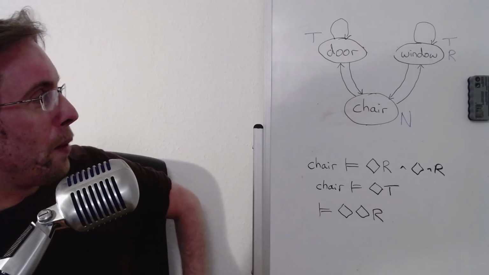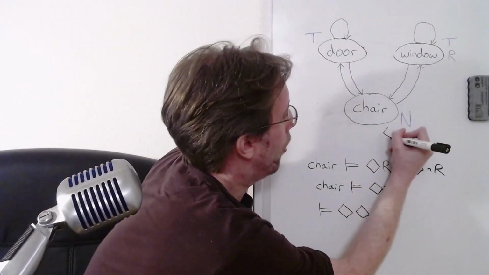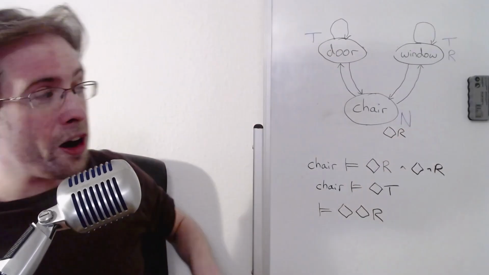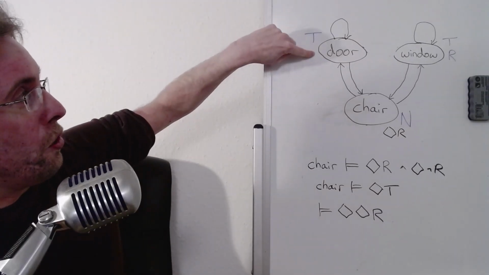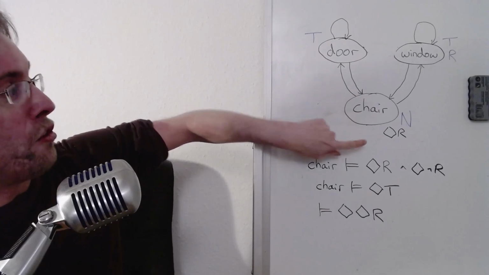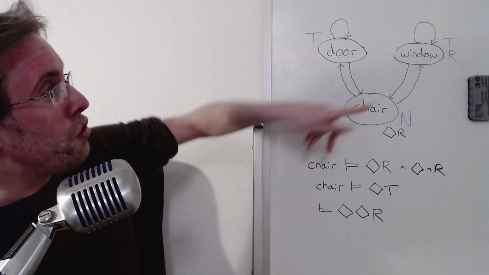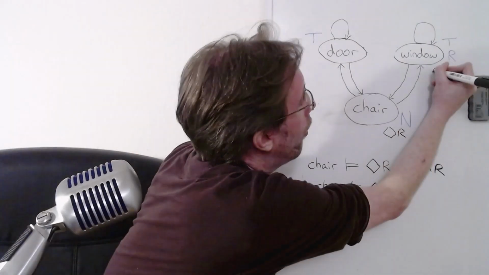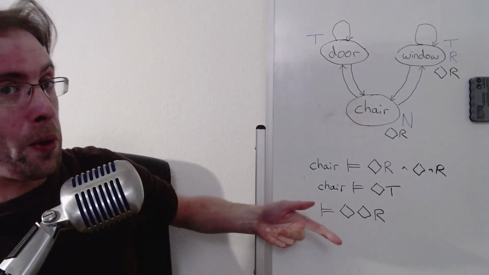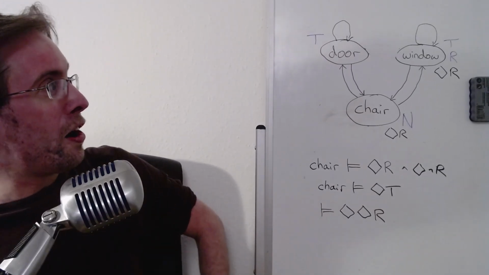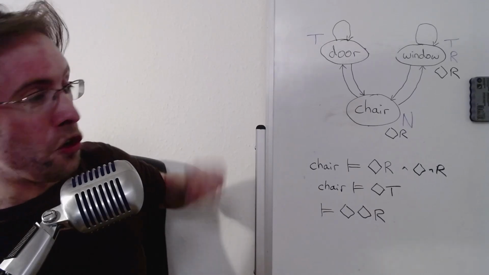So we can also label this and remember that diamond R is true at chair. So diamond diamond R is true at door because there is a state chair that is accessible from door where diamond R is true. Also, diamond diamond R is true at window. Why? Because there is a state accessible from window, namely itself, where diamond R is true.